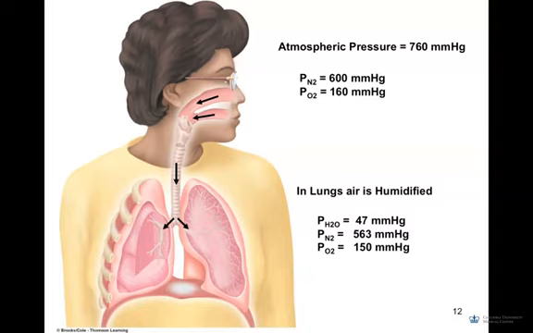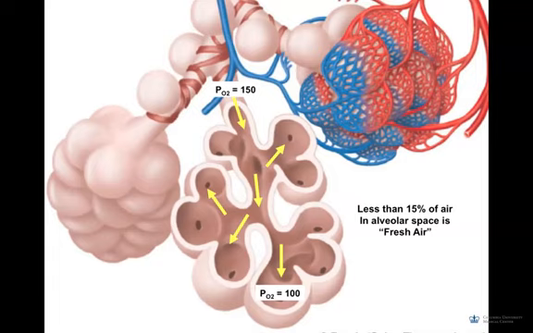Now when that breath is taken in even more deeply, okay, and it gets all the way to the sites of gas exchange, the sites where we actually have the movement of oxygen and carbon dioxide to and from, which is at the alveolar sacs, what we see is actually another dilution of the PO2 in that air.